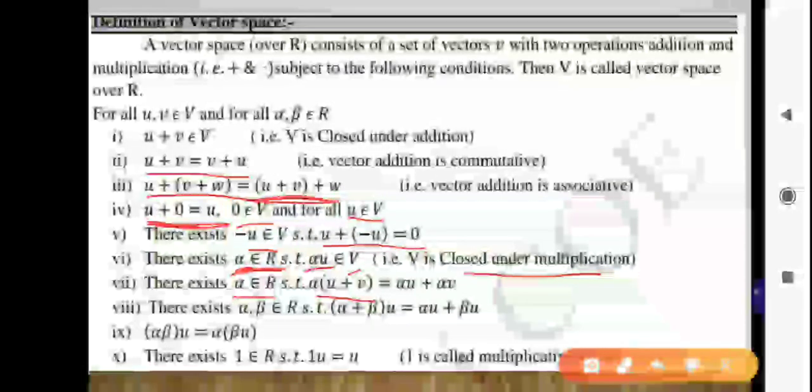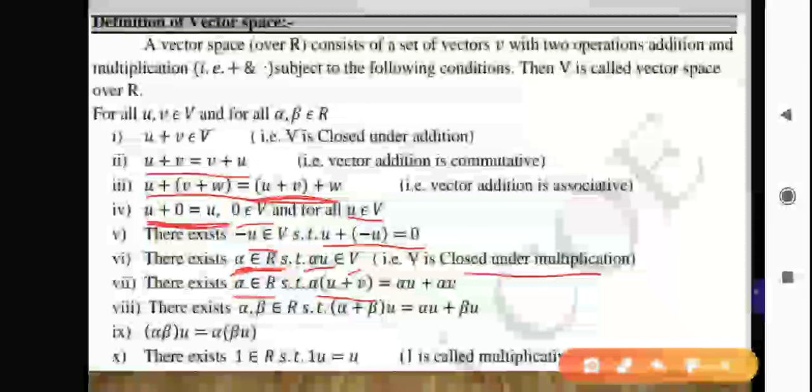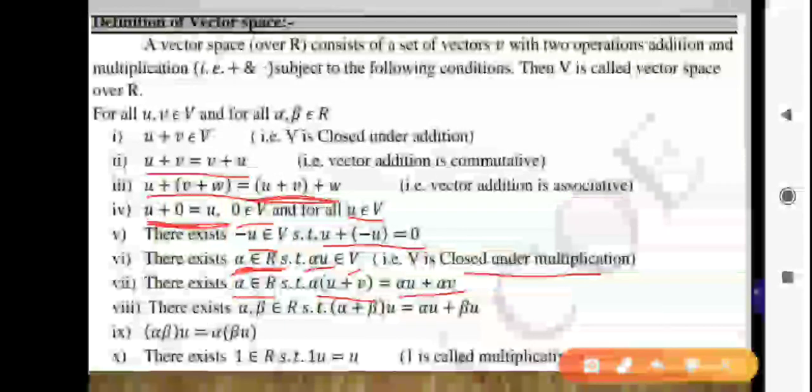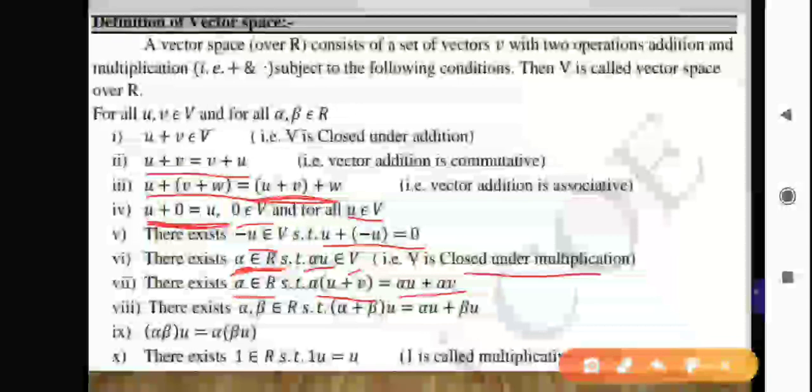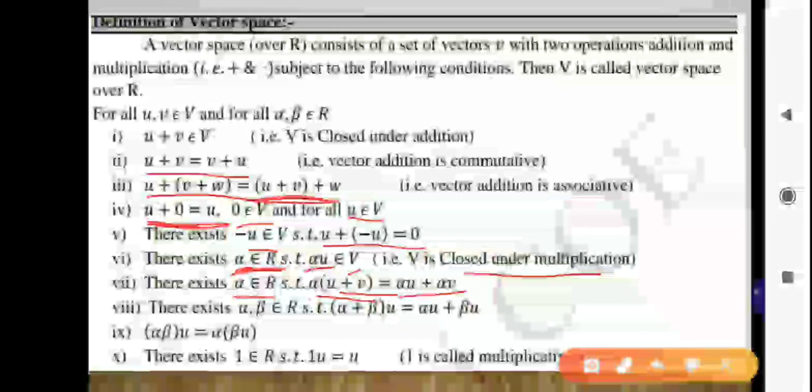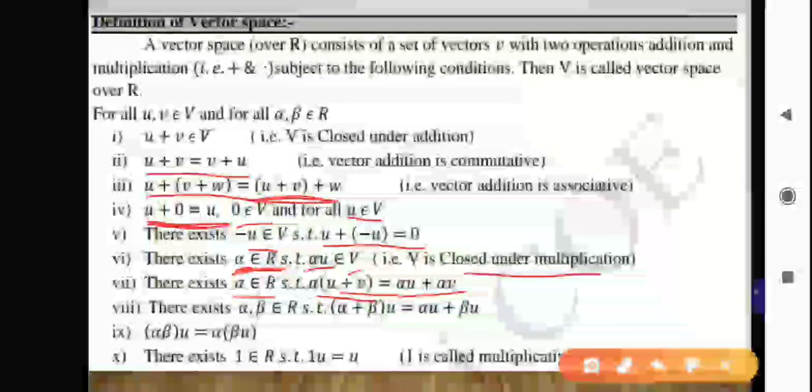Whatever you get can be written as alpha u plus alpha v. That means we can multiply alpha inside the bracket, and we get alpha u plus alpha v. This property must be satisfied by the vector space V.